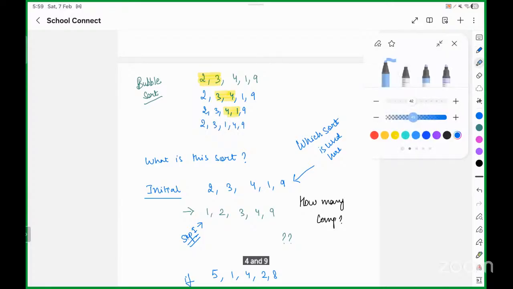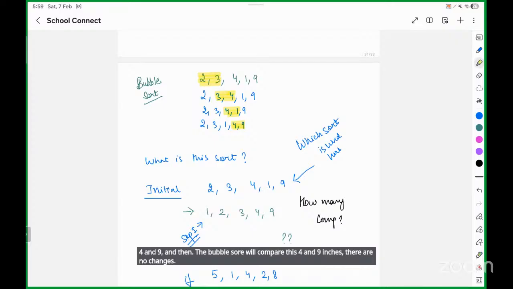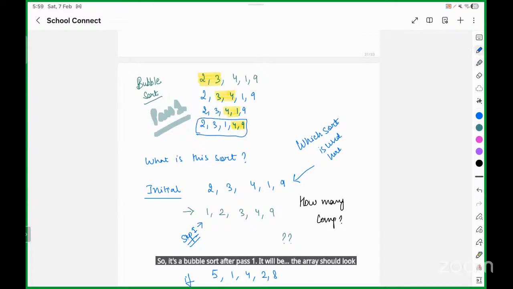And then bubble sort will compare 4 and 9. Since there are no changes here, it stays. So by bubble sort, after pass 1, the array should look like this: 2, 3, 1, 4, 9. But it is not matching with 1, 2, 3, 4, 9. So this is not bubble sort. Okay, let's look at insertion sort.